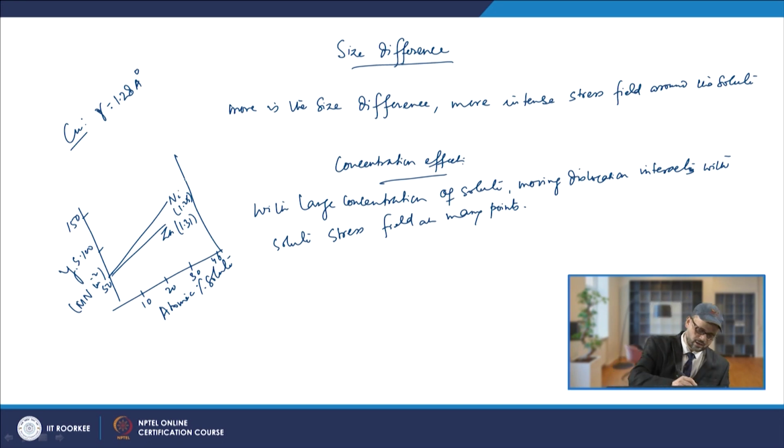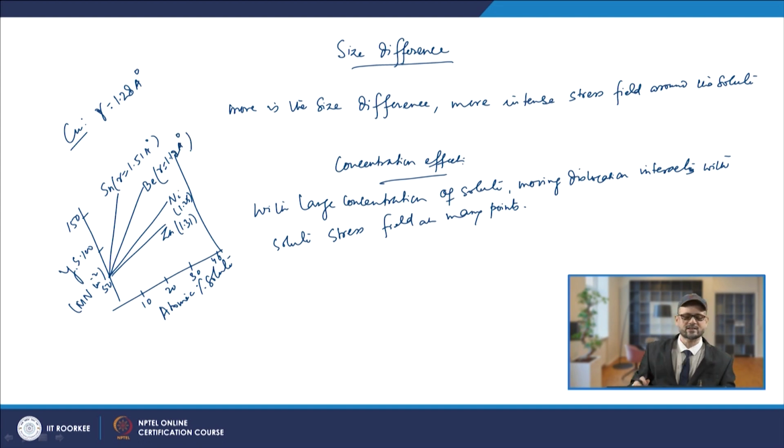Now, look at the effect when you are alloying with solute atoms like tin, whose radius is about 1.51 angstrom, or beryllium, whose radius is about 1.12 angstrom.